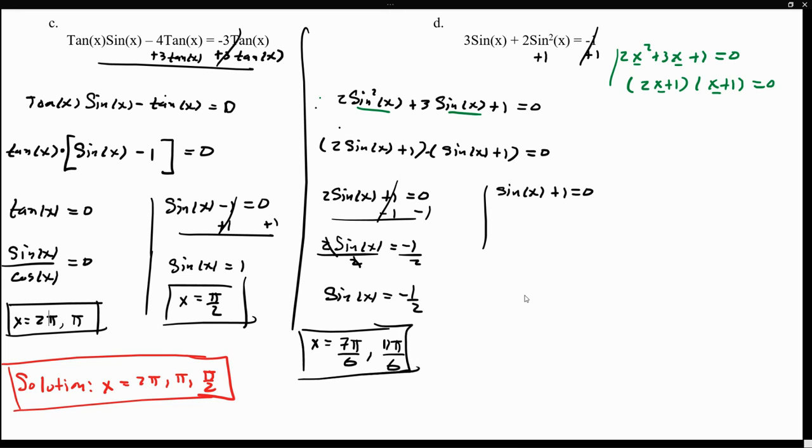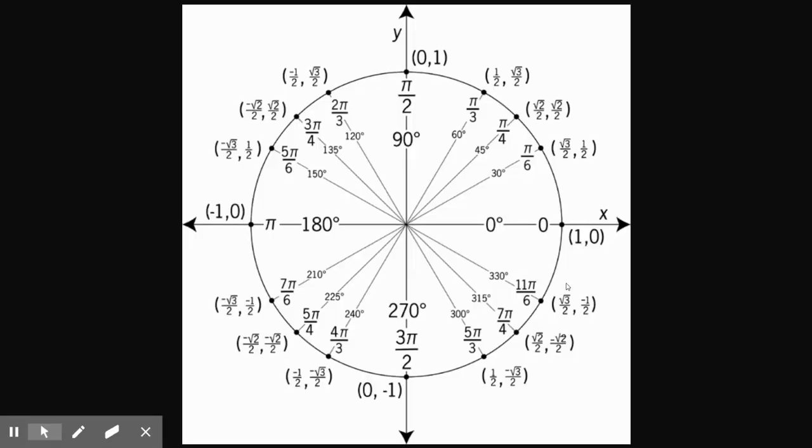So now let's solve the second equation. So isolate the function. And again, oh, that's minus 1, sorry. We want to find angles that if I take the sine of it, it's equivalent to negative 1. So let's look for, in our unit circle, where is my sine function equivalent to negative 1? Well, that's only one angle, and that is 270. So one of my solutions is going to be 3 pi over 2.